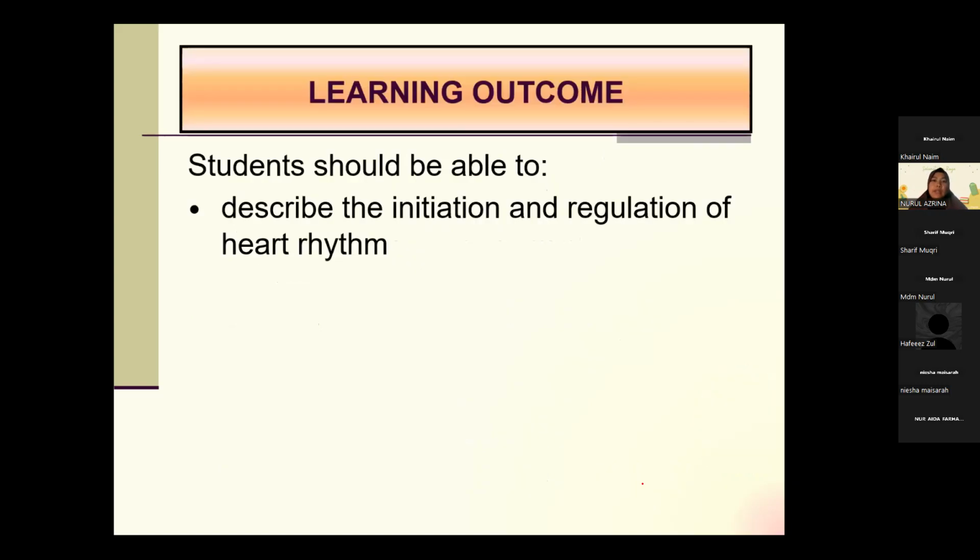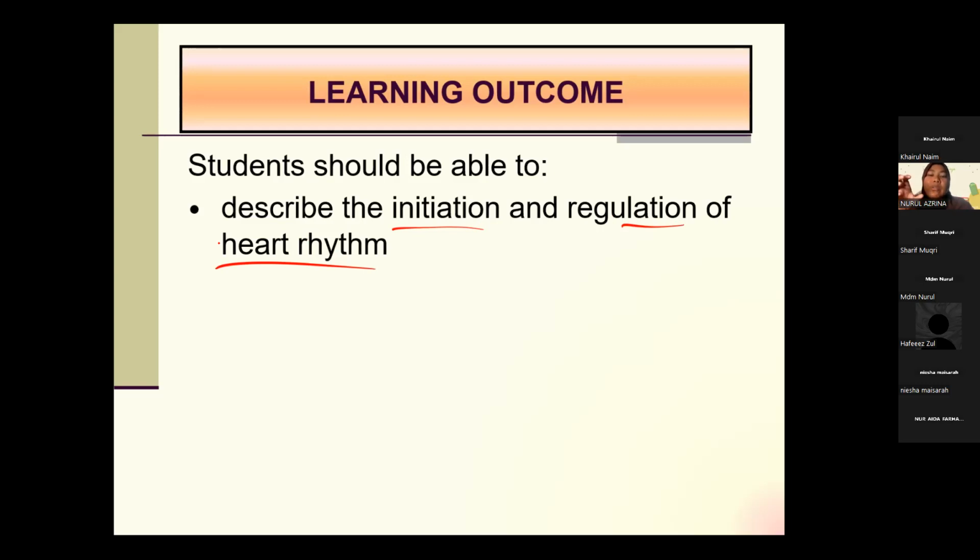Okay, right? So finish with cardiac output. So cardiac output is related to the cardiac cycle. Okay? Now we go to describe the initiation and regulation of heart rhythm. Okay? What causes our heart to beat? Or what triggers the heart muscle or heart tissue to contract simultaneously pula tu, right?